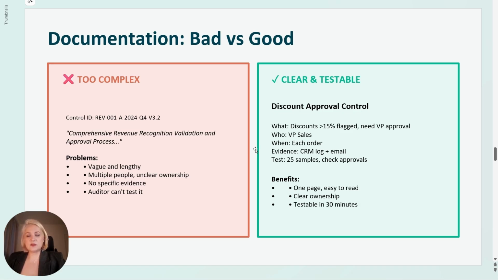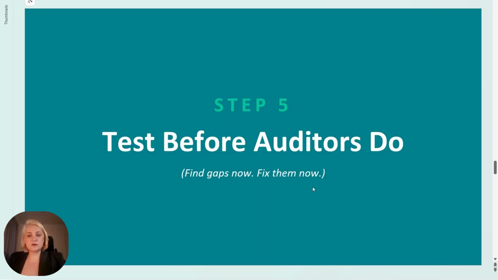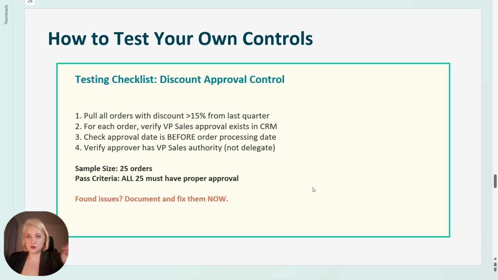And the test script is very important, because if we cannot reperform this control, it fails. It's too complex. It doesn't make any sense whatsoever. So we need to test before the auditors do. This is very important, especially in SOX, because if we fail, it's very binary, fail or pass. That would be very unfortunate for us.